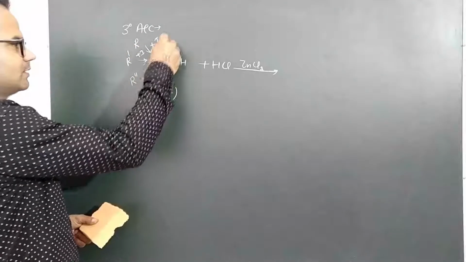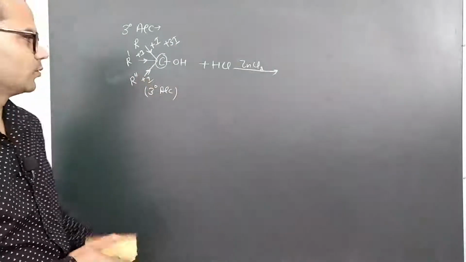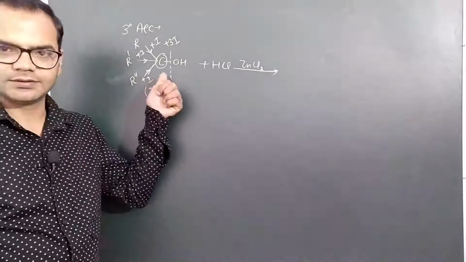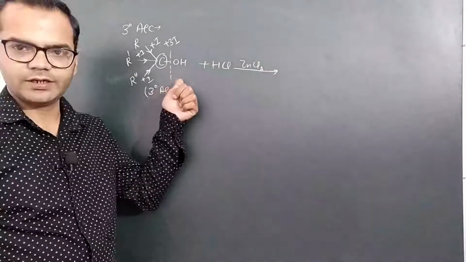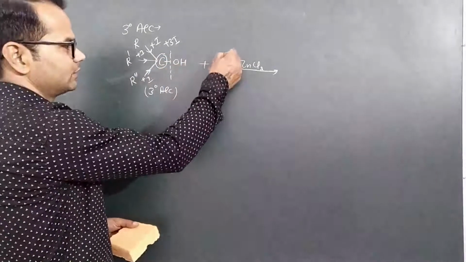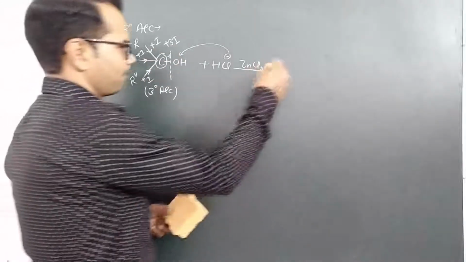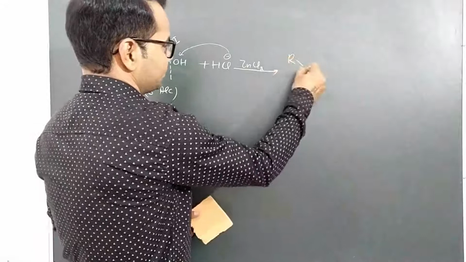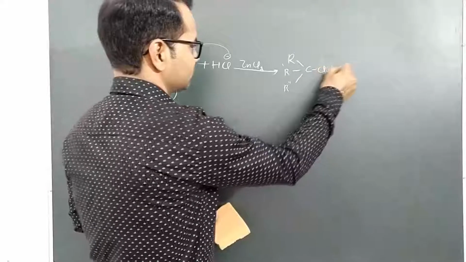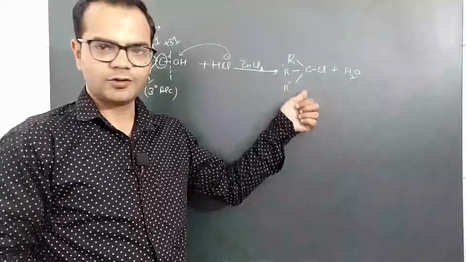So this carbon experiences plus 3 I effect from 3 alkyl groups. So this bond can be cleaved very easily. If this bond is cleaved, this chlorine will attack on the tertiary carbocation. So we will obtain tertiary alkyl chloride also.